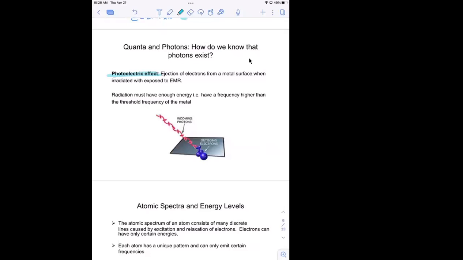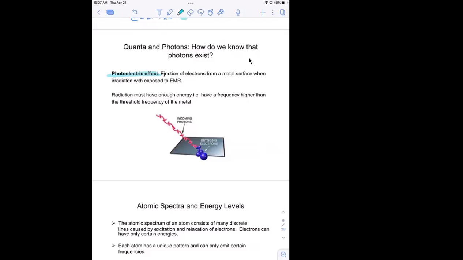Because the metal was being irradiated, and then there were electrons coming from it. So the photoelectric effect is the ejection of electrons from a metal surface when you expose it to electromagnetic radiation. And the only way that you can make an electron move is that the radiation has to have a higher frequency than the threshold frequency for the metal, right? And that makes sense.